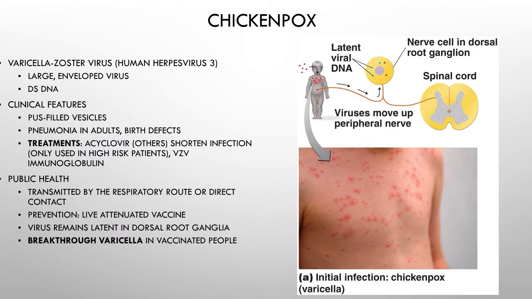Okay, likewise, chickenpox. Chickenpox is another viral infection that can be spread through the respiratory tract or through direct contact. It's a large herpes virus. That's double-stranded DNA. And the clinical features here is, again, it produces very small pus-filled vesicles in the skin.